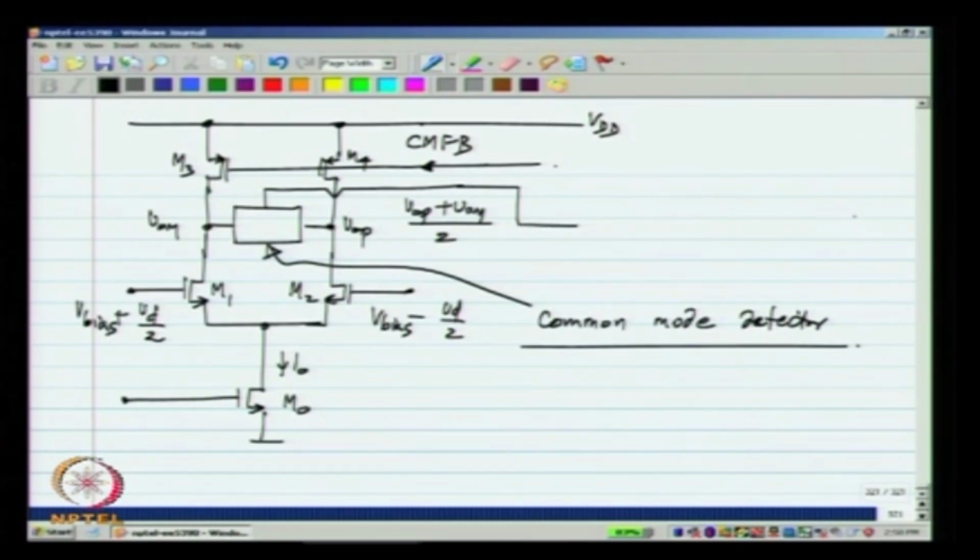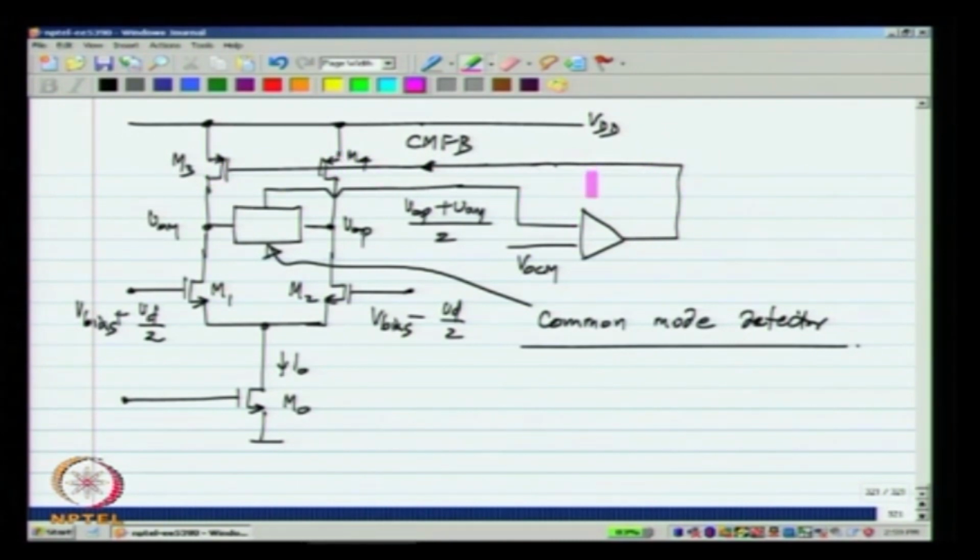Then I have to compare it with the desired output common mode voltage VOCM and feed it back to the gates of M3 and M4 in the right direction.